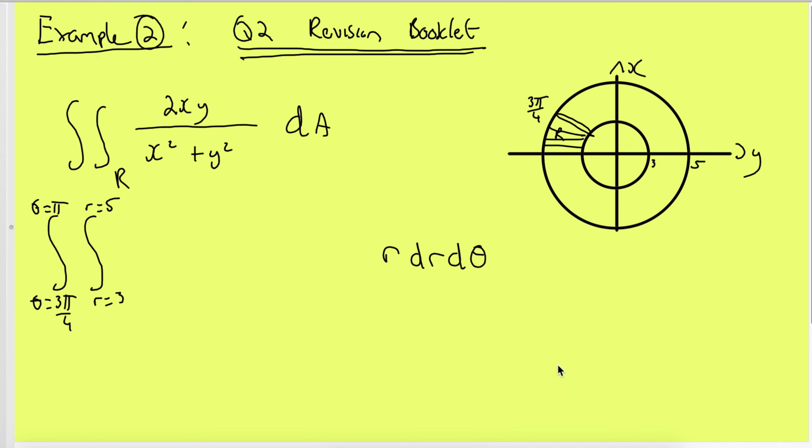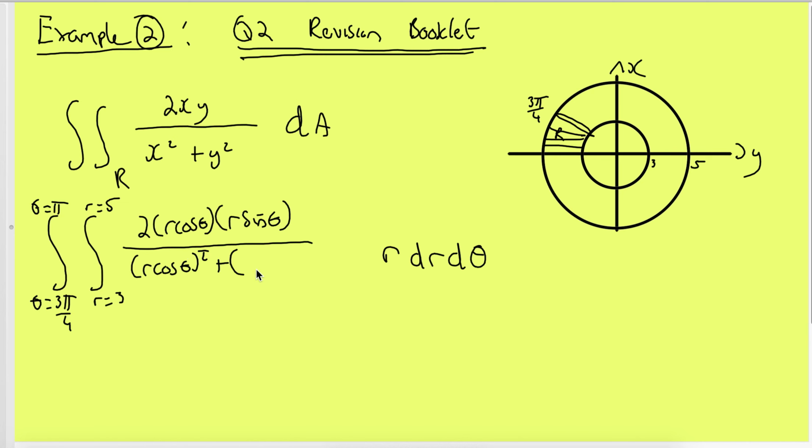Now this is where things get a wee bit complicated. Remember, every x you swap for r cos theta. Every y you swap for r sine theta. And the same thing, so that's going to be r cos theta squared plus r sine theta squared, r dr d theta.